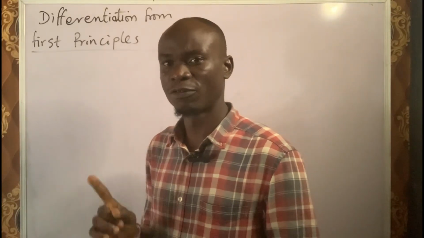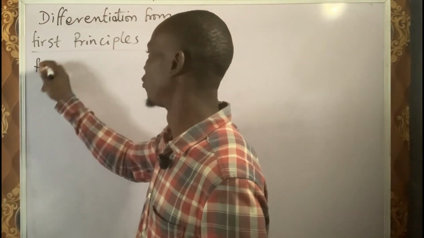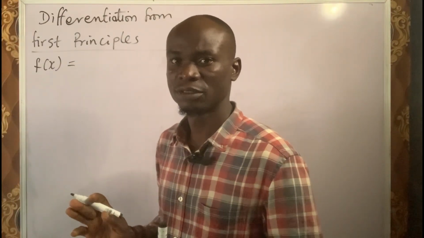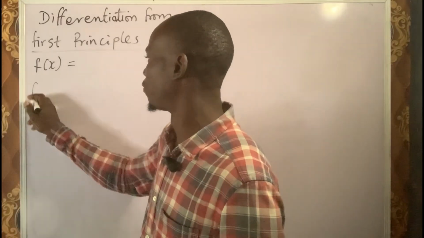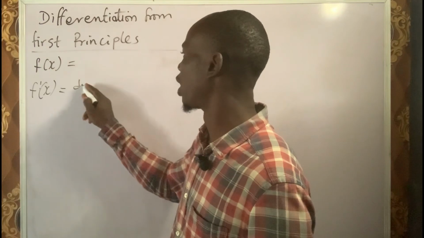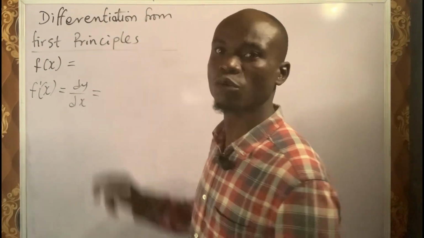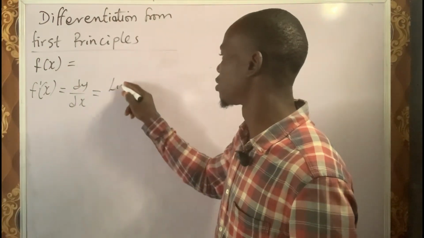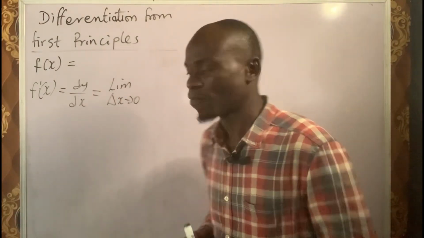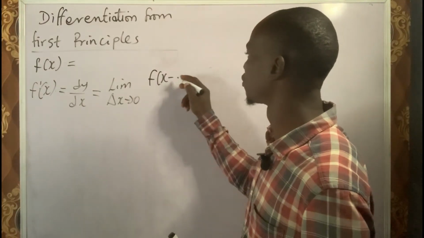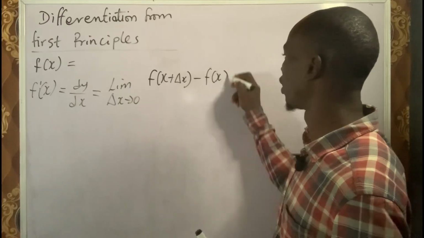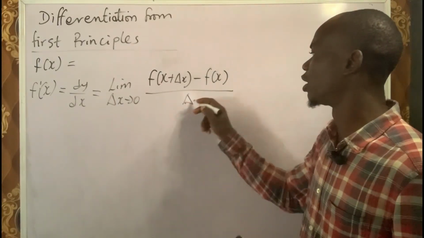If we're given y or f of x, for instance, if f of x is given to be whatever function of x, then your differentiation, which is f prime of x or dy over dx, is equal to the limit as delta x tends to 0 of f of x plus delta x minus f of x, all over delta x.